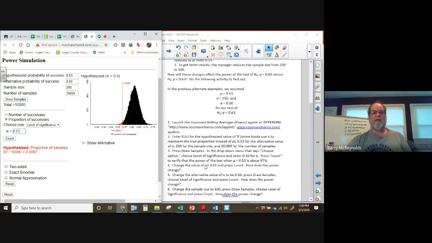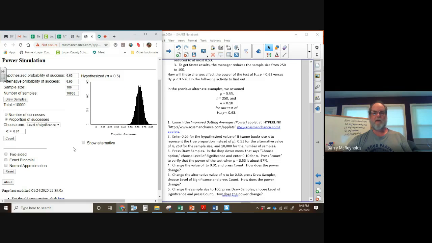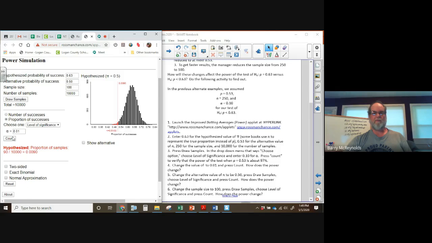Okay. So now let's see what happens when I change the sample size to 100. I take fewer samples. Okay, now look what happens. My shape is roughly the same, but now look what happens.